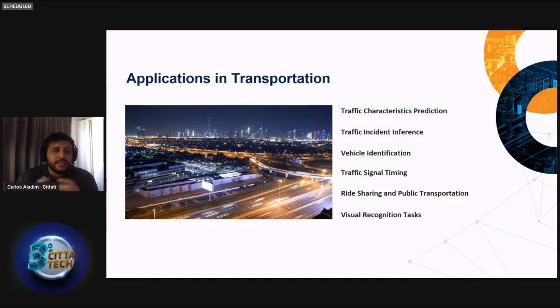I can say deep learning nowadays can make traffic characteristics prediction. That is one of the most considered applications, because traffic characteristics information can help drivers to choose their roads more wisely and traffic management agencies to manage traffic more efficiently.